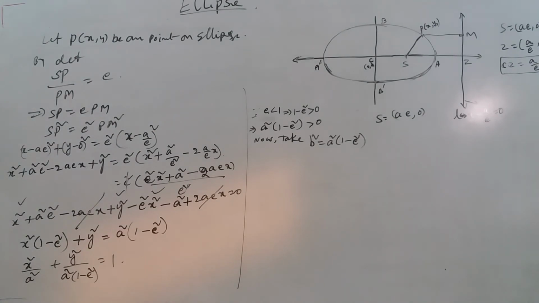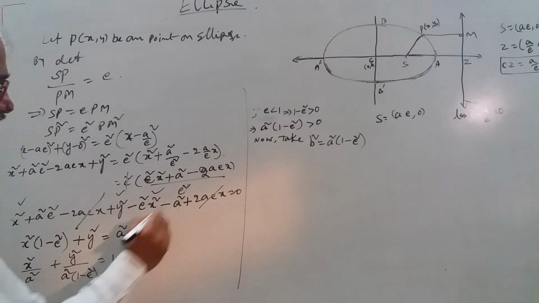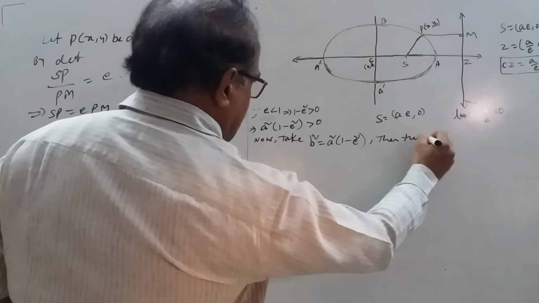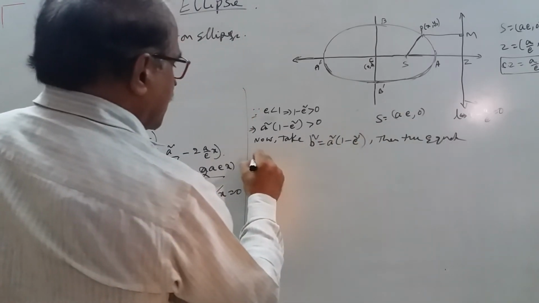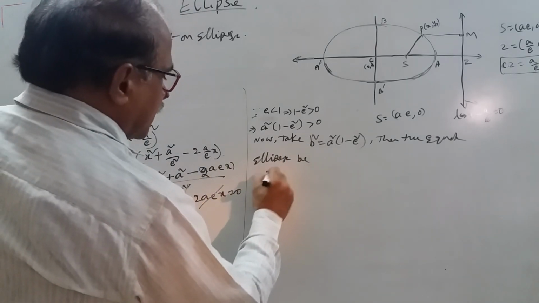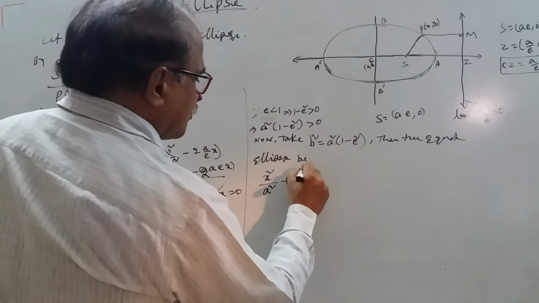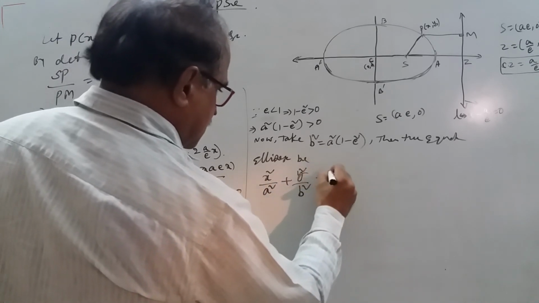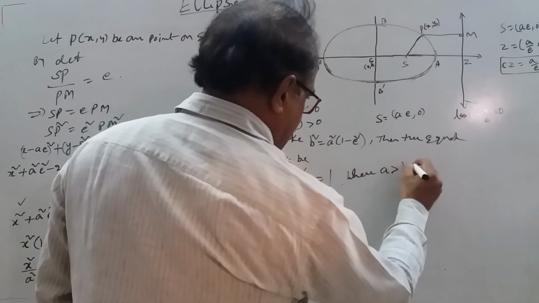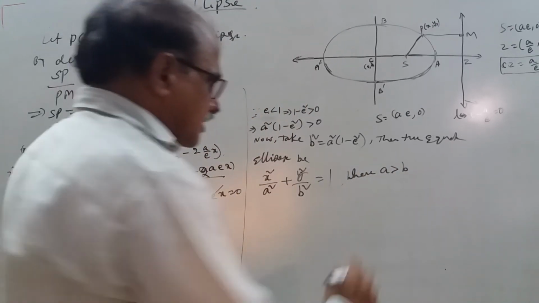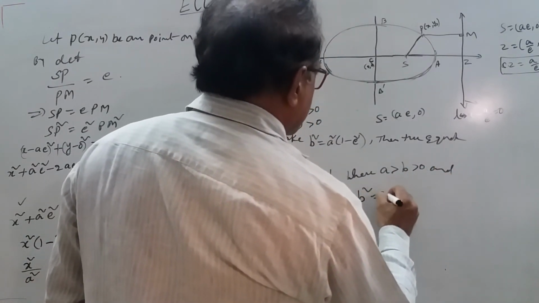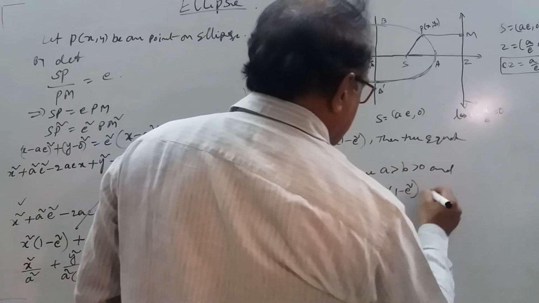Then this equation becomes the equation of the ellipse: x square by a square plus y square by b square is equal to 1, where a is greater than b greater than 0, and b square is equal to a square into (1 minus e square).